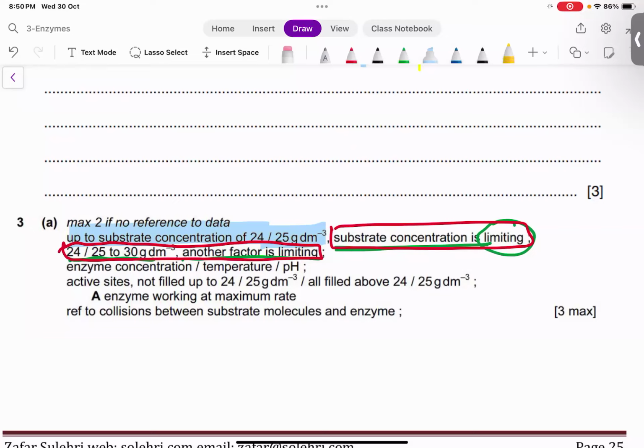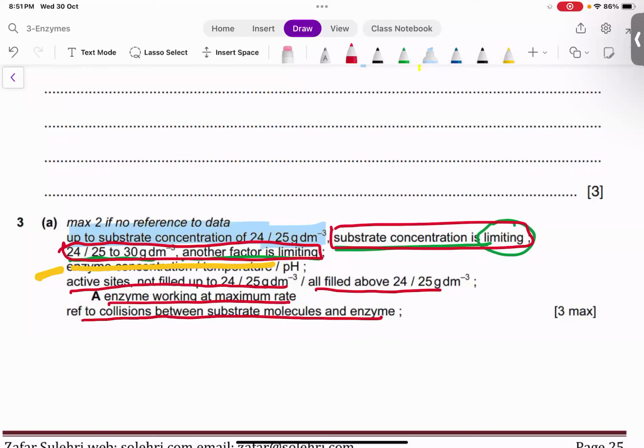However, there are more points here. This comes in limiting factor. So active sites are not all filled up to 25 grams per dm cubed, and above that they are all filled up, they are all saturated. So the enzyme is working at its maximum, and there is reference to collision between substrate molecules and enzymes.